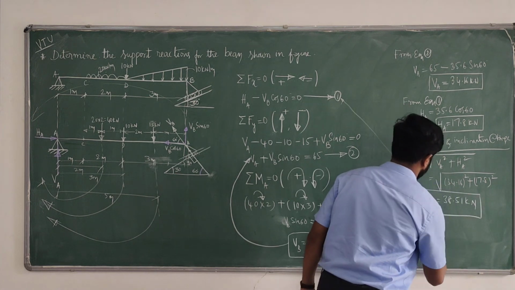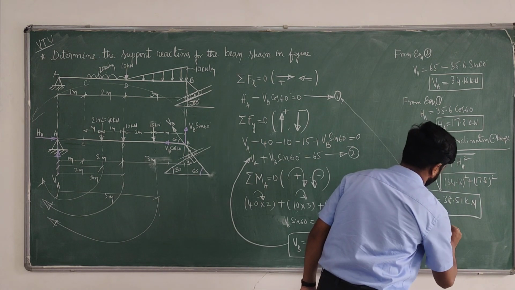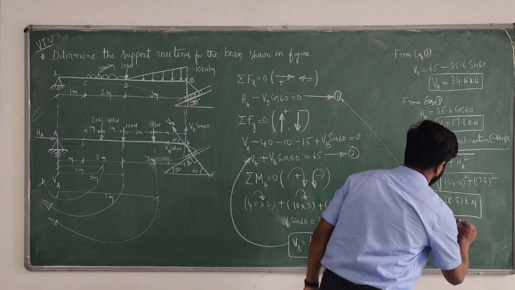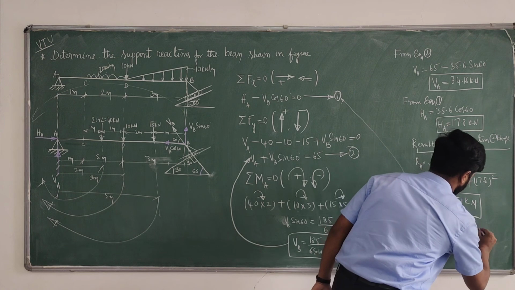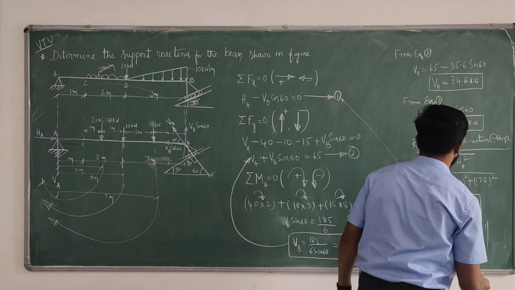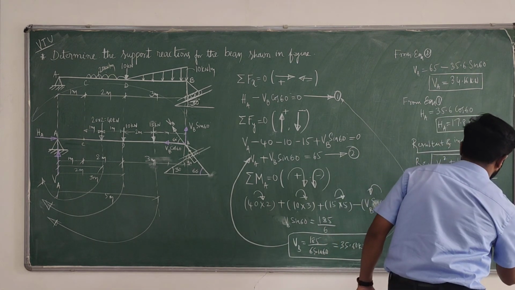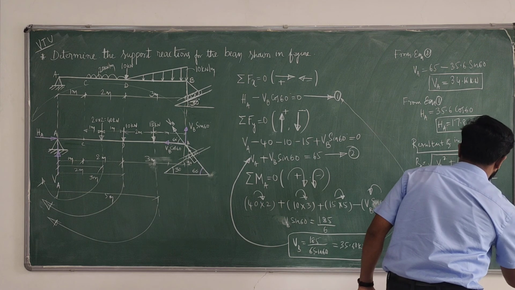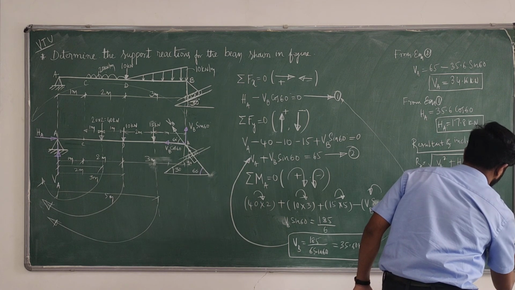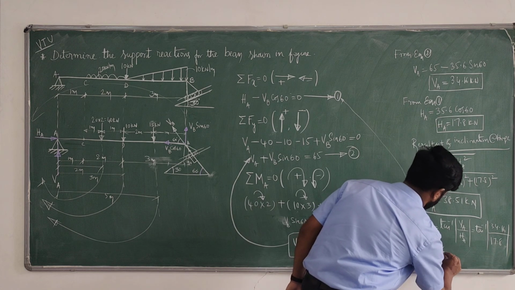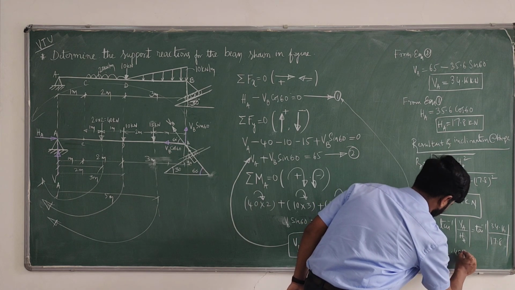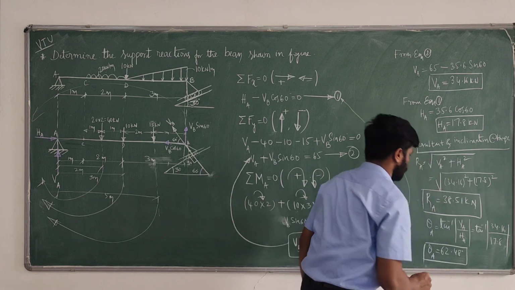And the resultant inclination theta A equals tan inverse of VA by HA, which is tan inverse of 34.16 divided by 17.8. So theta A is 62.48 degrees. So this completes the problem.